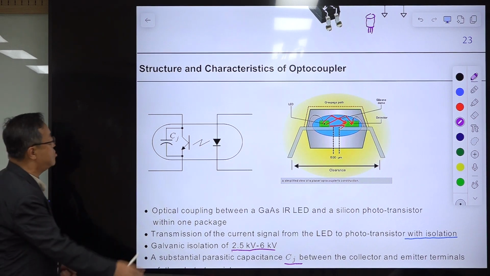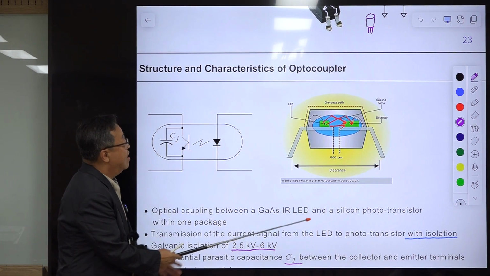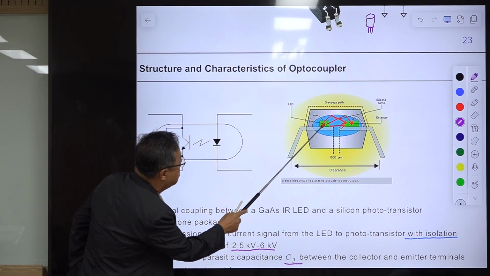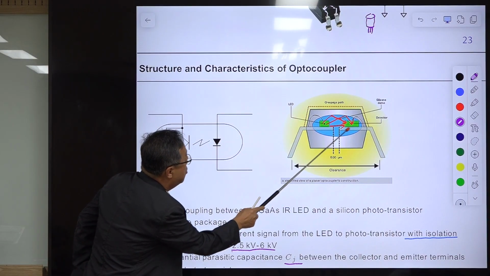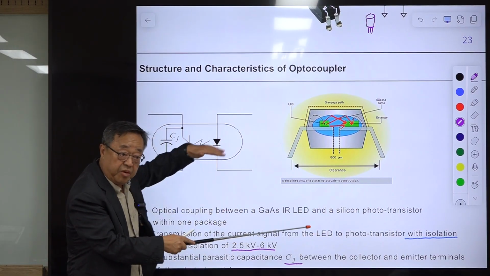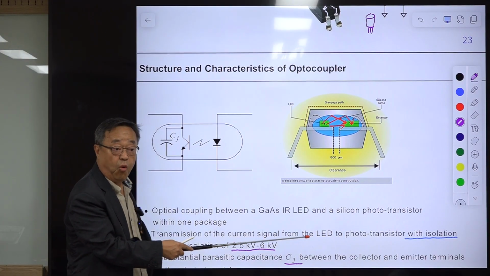And this is the structure of this device. Two devices in one package, and there is a dome. This one is the LED, light emitting diode. This one is the phototransistor. The shape of the dome is an ellipse, so this is called the elliptical dome.